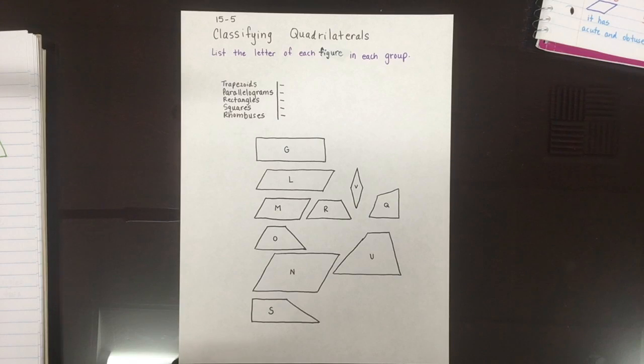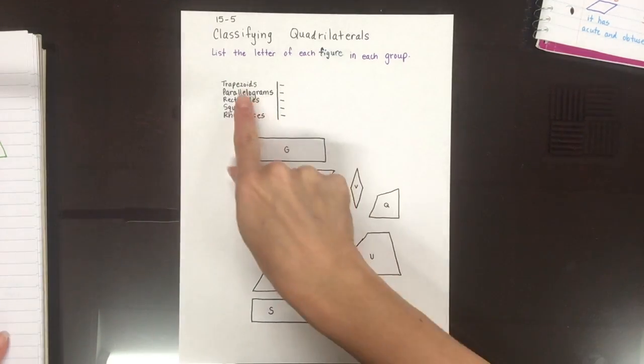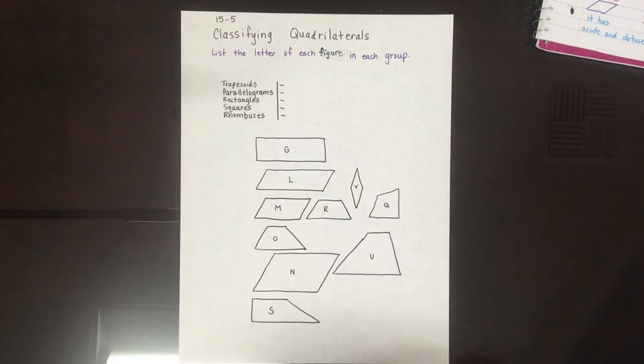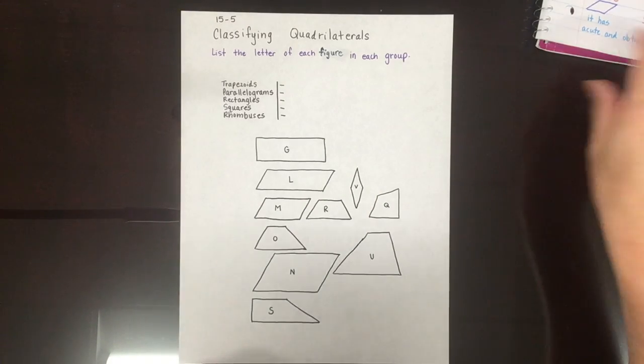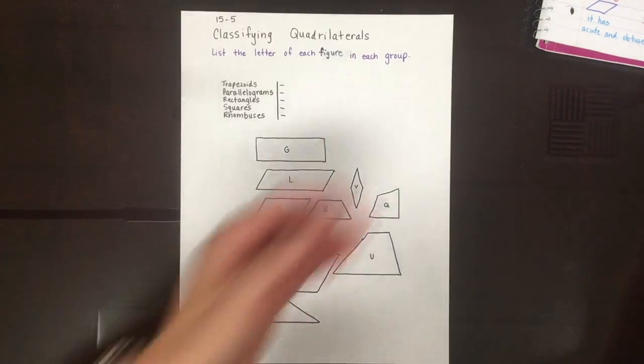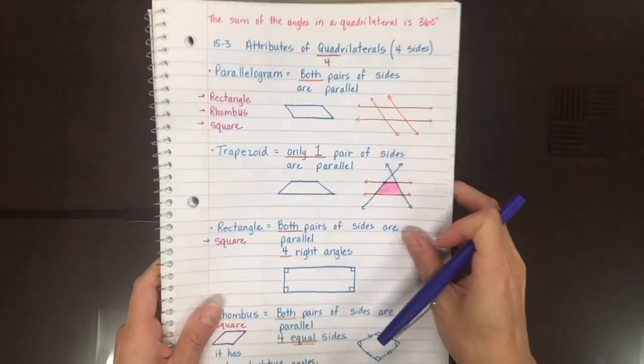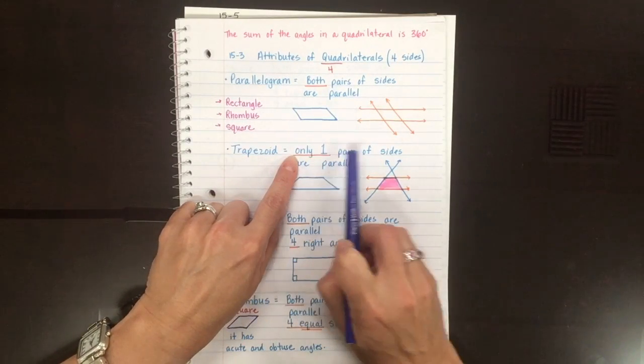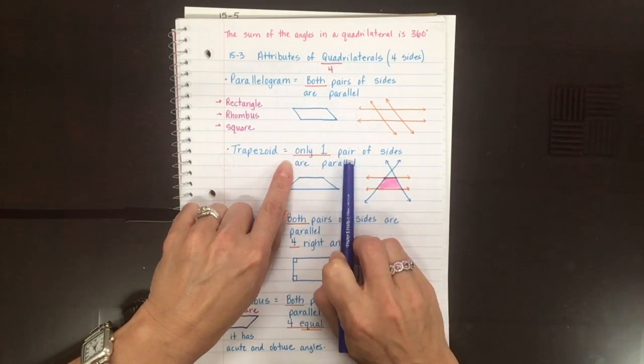Okay, so our first one here is a trapezoid. So I'm going to look at what are the specifications that make it a trapezoid. It has to have only one pair of sides that are parallel.